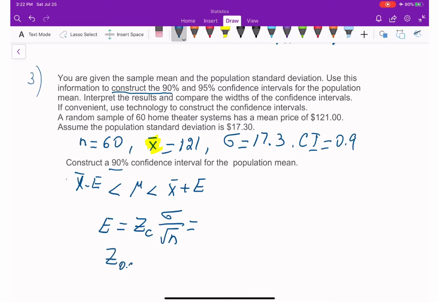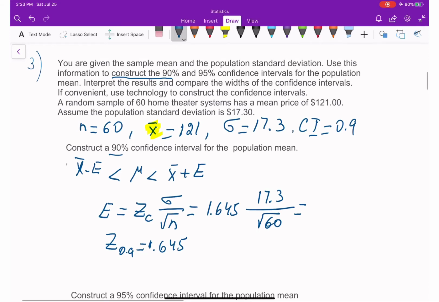For 0.9 is equal 1.645. So this is going to be equal 1.645 times sigma over square root of n, might as well plug it in. Sigma is 17.3 and n is 60, so square root of 60. And you should get here 3.67.